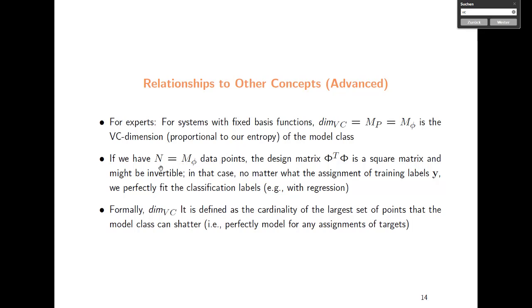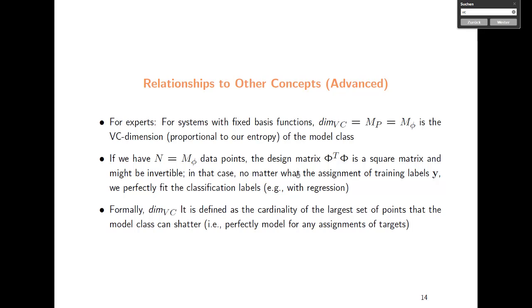If we have exactly as many data points as basis functions, the design matrix phi transpose phi, where phi is the design matrix, is a square matrix and might be invertible. If they are linearly independent, then it's invertible. So we get a perfect fit for any training labels.